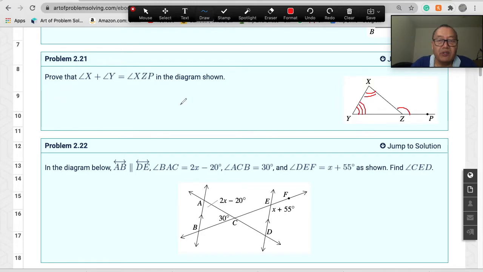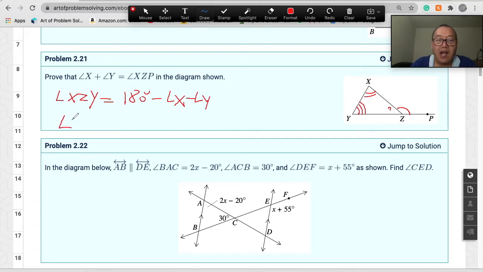First we find the angle XZY. This one equals 180 degrees minus angle x minus angle y, because in this triangle XYZ, this angle equals 180 minus angle x minus angle y.